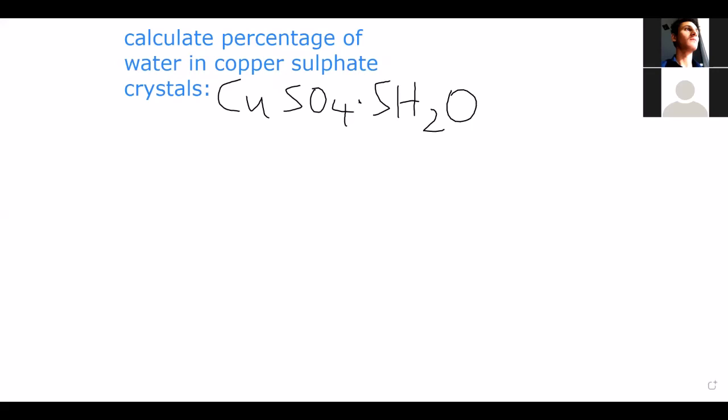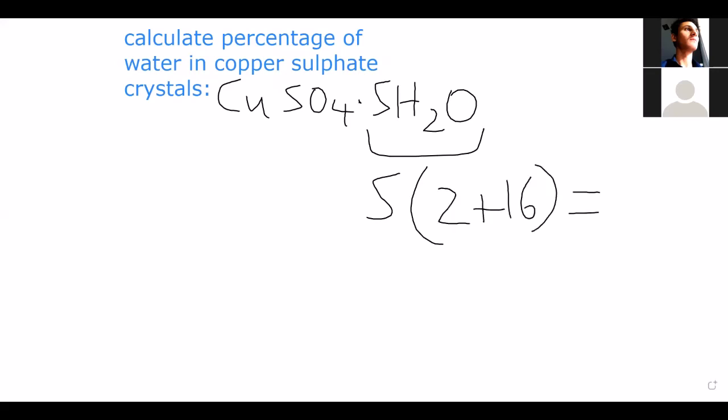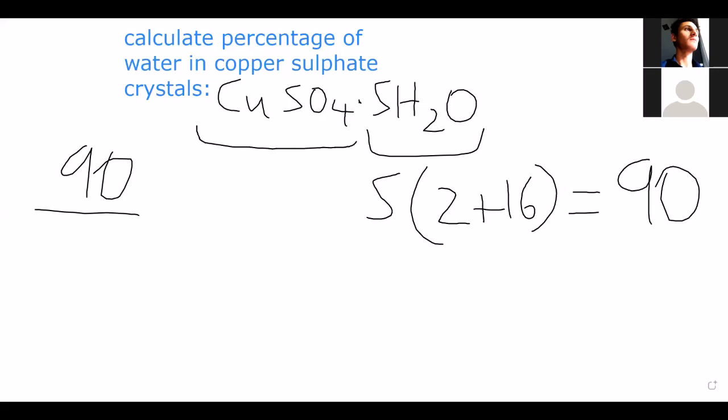So in copper sulfate crystals, there are 5 moles of water. So the mass of water will be 5 times 2 plus 16. That is 90. Now we'll divide 90 by the total MR of this compound. The total MR will be 90 plus the MR of copper sulfate. Copper is 64.